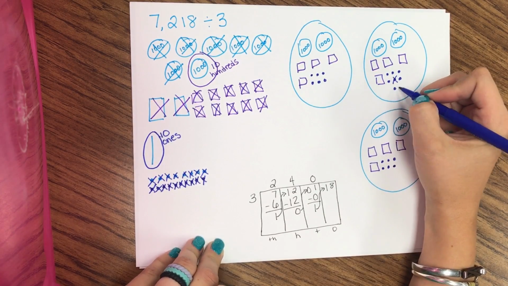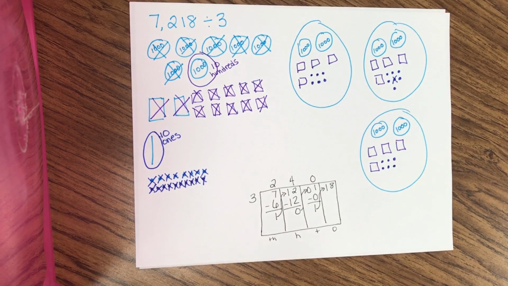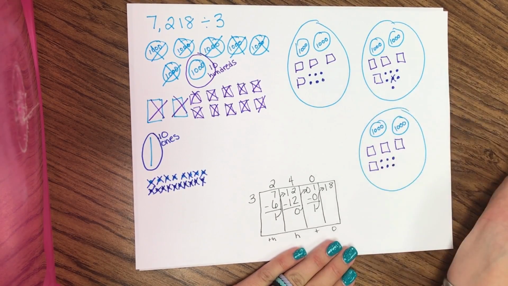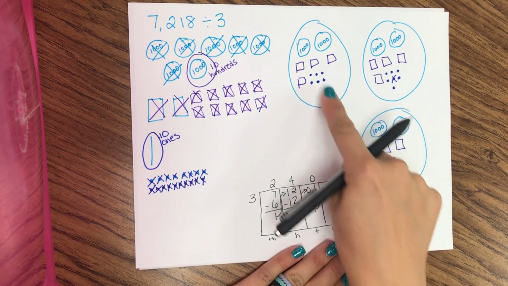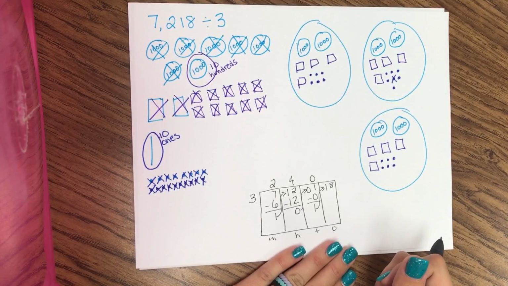Now, aside from me making a mistake right there, and I did cross that out because I realized, hey, wait a second, I have to put it in each group, not 2 in one group.